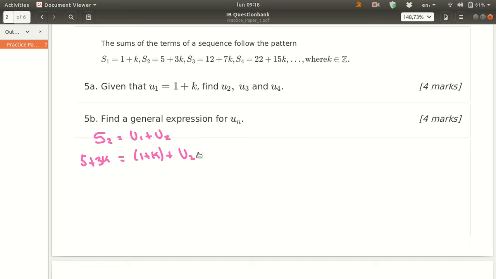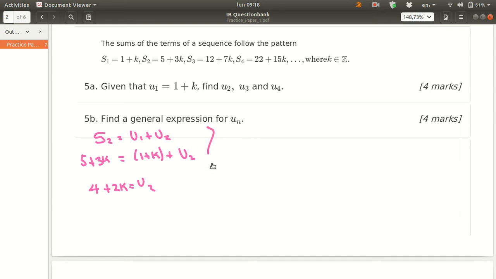So I can isolate for u2. I'm going to subtract 1 and I'm going to subtract k. So 5 minus 1 is 4, and 3k minus k is 2k. So the second term is 4 plus 2k. A lot of people got this one correct, and then the problem started with u3.